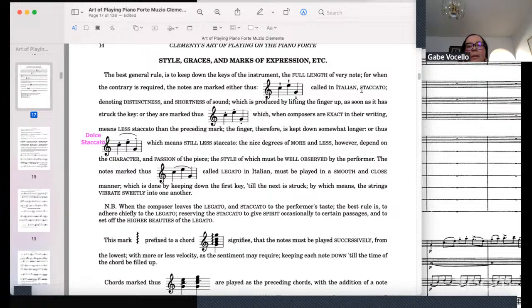Here they call it the Italian staccato. But the dry staccato is one, let me write this. It is one chord of sound plus 3 chords of rest.